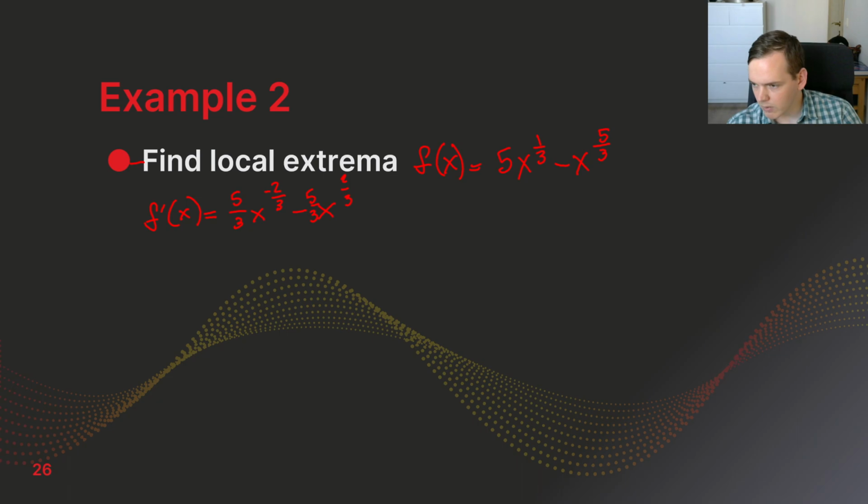And this will give you -1 and +1 as your critical points. Which I guess we could see by inspection, that these terms will be the same when x is 1. So x equals ±1 are our critical points.